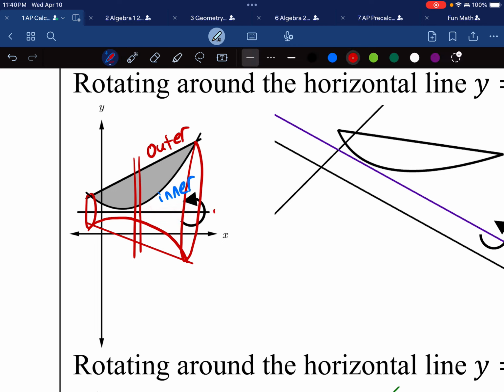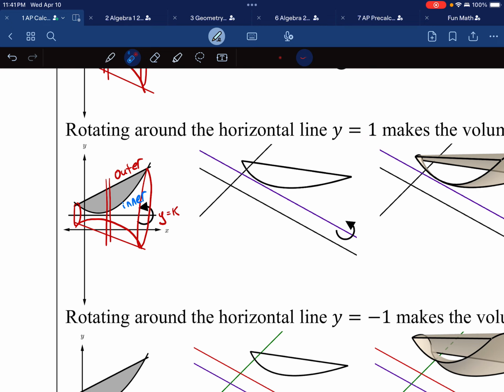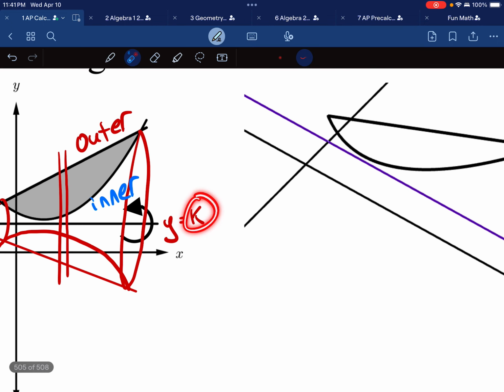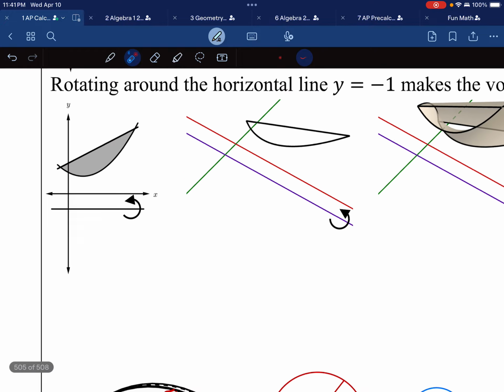We're saying that this is the equation y equals k, just to make it any general number. I know I said it's y equals 1, I just made up some positive number, but really this is y equals k, so I can move this line up or down. So this k value is the distance between here and here, and that distance is what I'm subtracting.